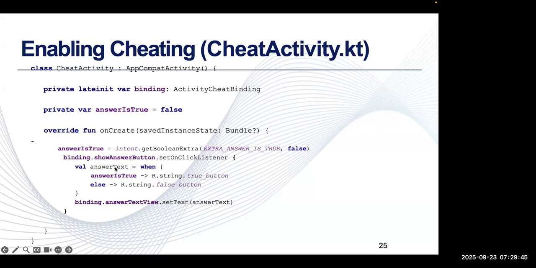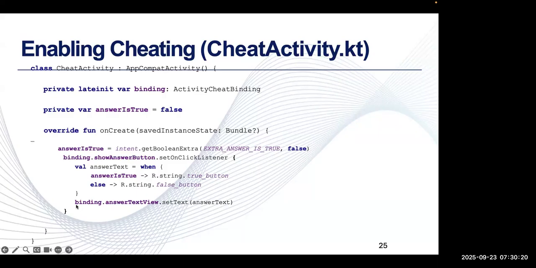So when the button is clicked, we're going to call the variable called answer text. When the answer is true, so we click on the actual button, we get the string for the true button, else we get the string for the false button, and this is the key that's going to be shown when we return to the main activity.